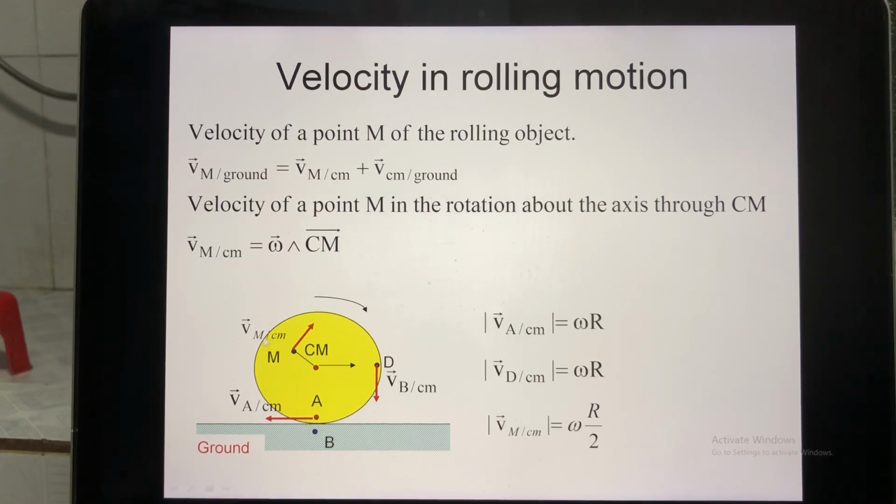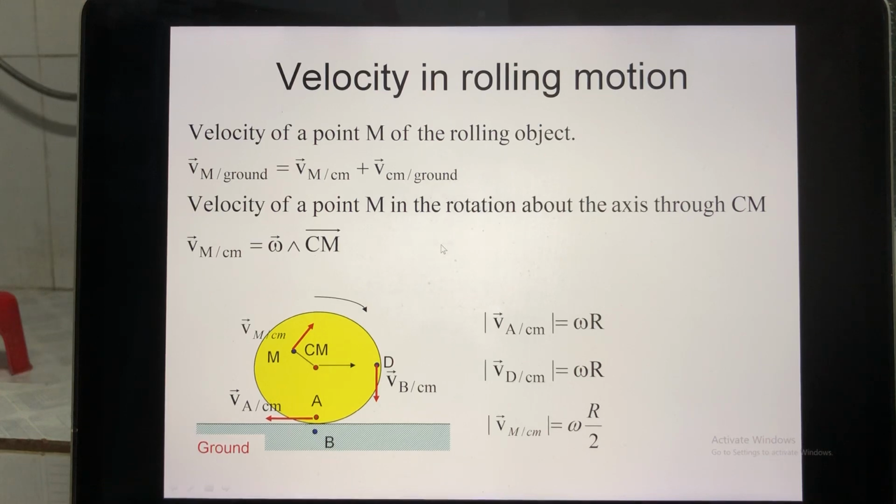So if I want to calculate the velocity of M with respect to the ground, I have to calculate it this way. I take the velocity of M with respect to the center of mass, the one that keeps moving in a circle like this, plus the velocity of the center of mass with respect to the ground.